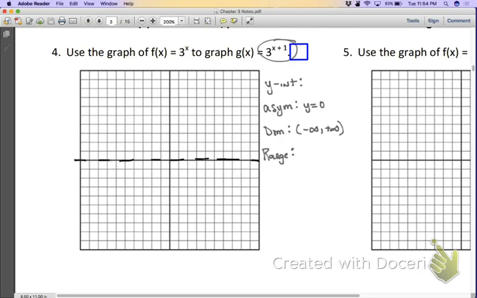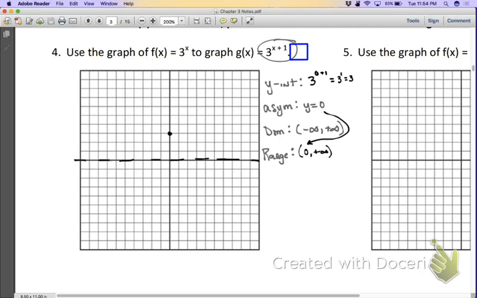We're going to go 3 to the 0 plus 1. So my y-intercept is going to be at 3 to the first power, which is just 3. So I'm going to put a value of 3 right there. Now the range: it's on the top side of my asymptote, so it's going to go from 0, from my k value, to positive infinity.